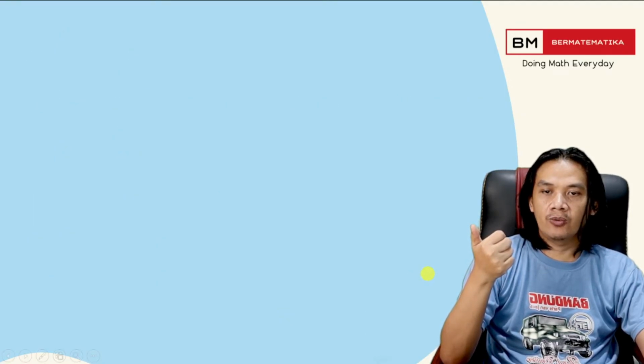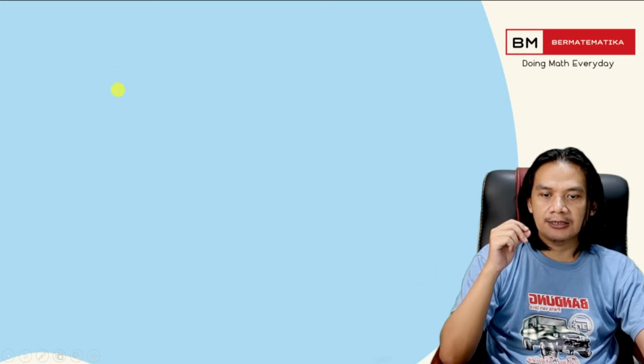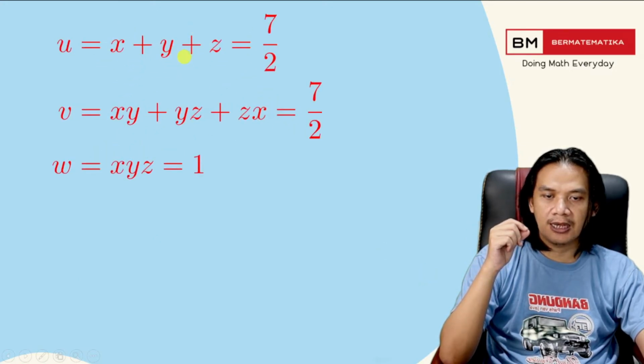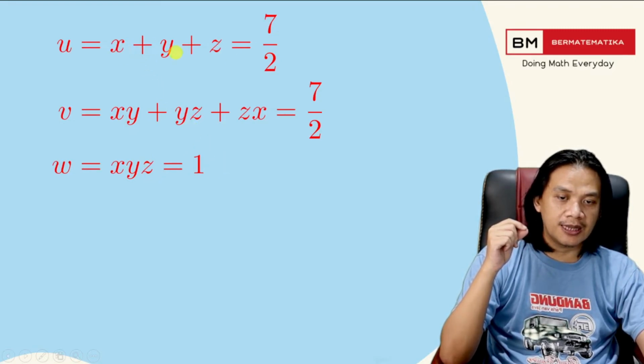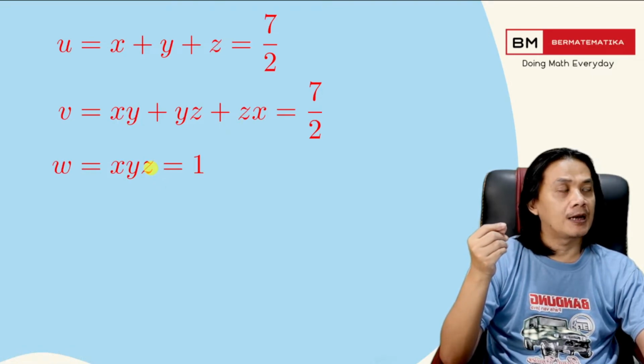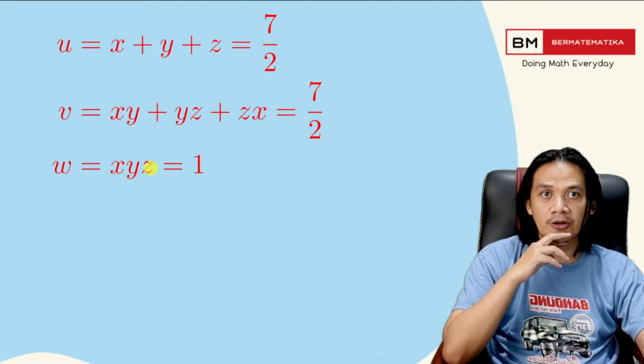And we rewrite it as follows. So this guy is 7 over 2, that guy is 7 over 2, and the last one is equal to 1. So notice that this u, v, and w is the elementary symmetric polynomial, right?